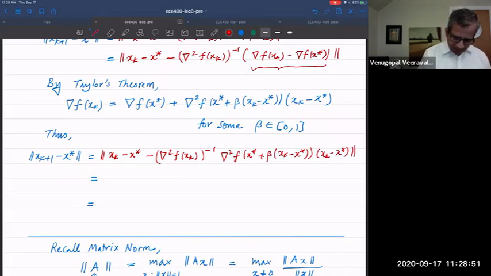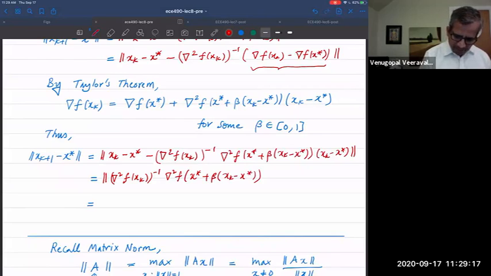Now I'm going to rewrite this because it's the norm of a difference, so I can take the difference in either direction. I probably didn't need to write this step, but I'll write it to be clear: xk minus x star, and then minus xk minus x star.